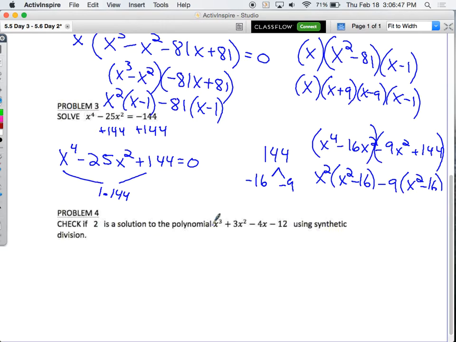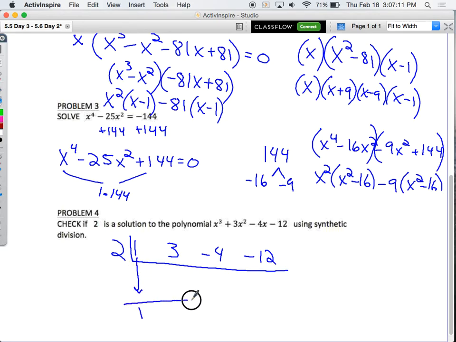So in front of this x cubed is a 1. So 1, 3, -4, -12. We are checking if 2 is a solution. The way that we do this, draw an arrow and bring that first number down, whatever it is. So this first number is a 1, draw an arrow, bring down a 1.